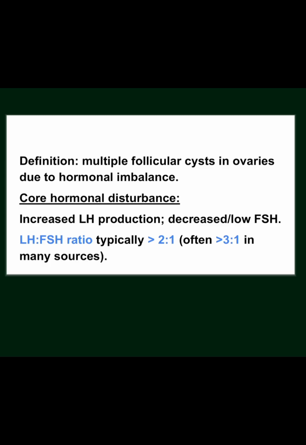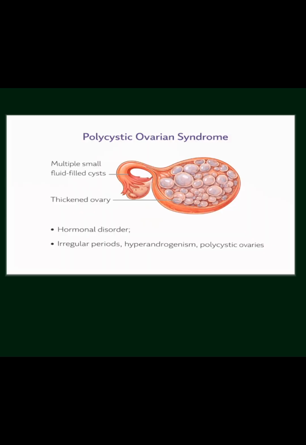The other thing we can talk about is the luteinizing hormone to FSH ratio, which is mostly 2 to 1, but sometimes it can even be 3 to 1. This is just a picture showing us polycystic ovarian syndrome. It's just multiple small fluid filled cysts, as you can see in the diagram, due to hormonal imbalance.